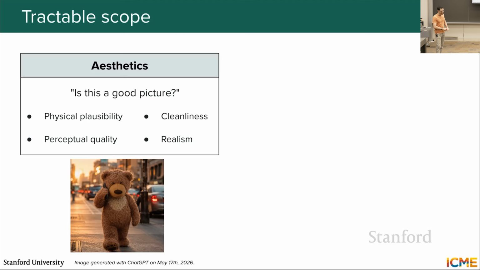OK, so from this small scale exercise, what I wanted to point out was that when we look at the output of a text-to-image generation model, we typically look at things with respect to two main buckets, not exhaustive, but two main buckets.